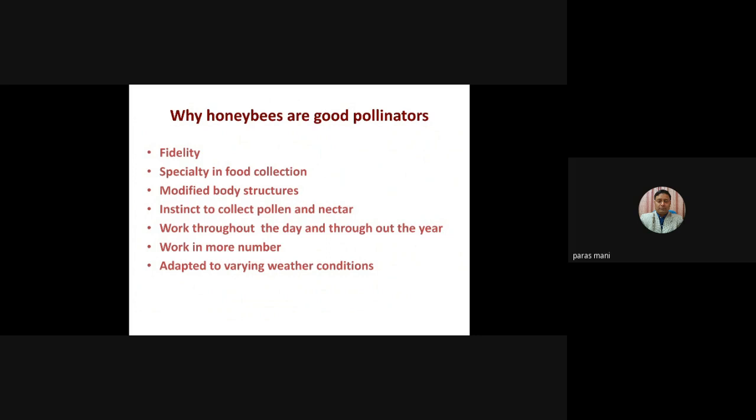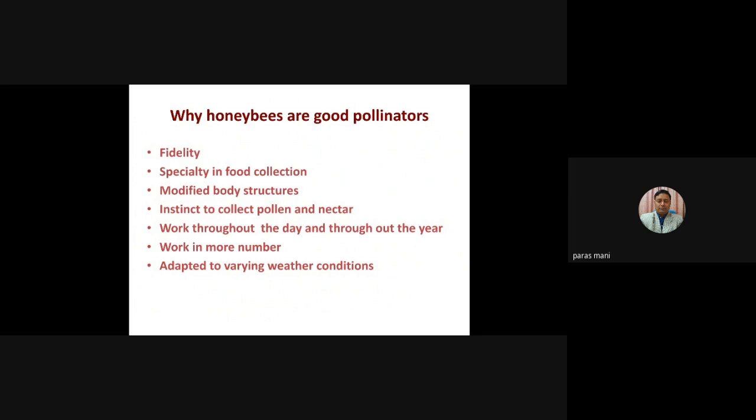It is a 1.5 day difference. And for its pollination, we need pollen grains of other flowers. That will be carried out. In the morning, some flowers are pollinated. In the evening, some flowers are pollinated. Like that, throughout the day and throughout the year.